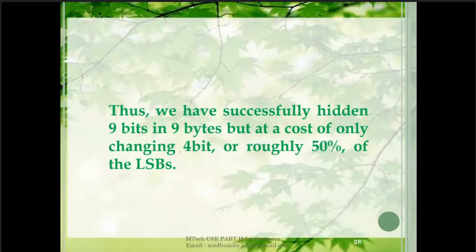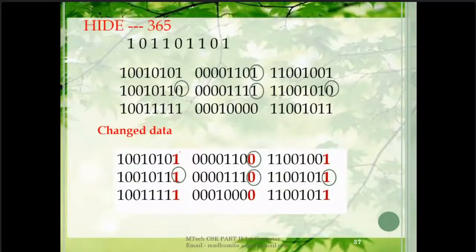So this is one major aspect. And secondly, you see that we never see a single pixel when we are viewing the image. We used to see the perspective of neighboring pixels of the image. And when I am going for LSB steganography or LSB insertion, what is the change? It is plus minus 1 only.